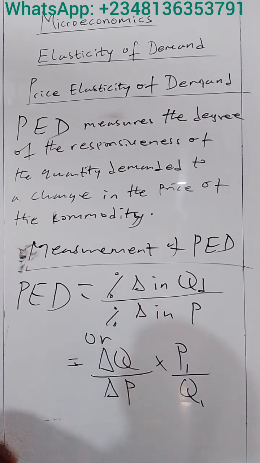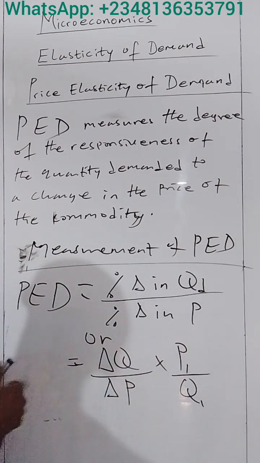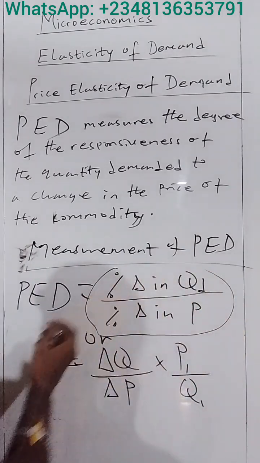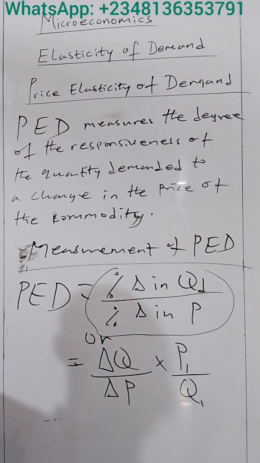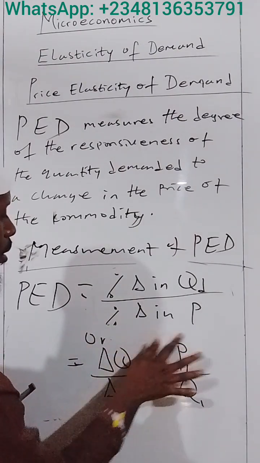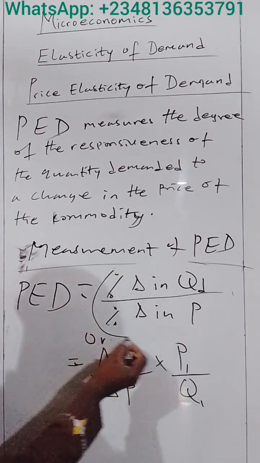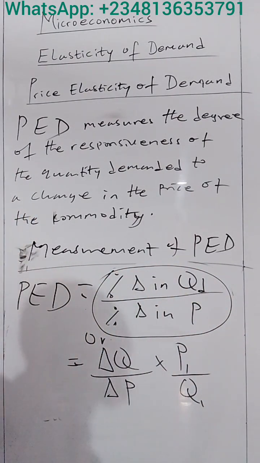Okay. So if you look at this first formula, we can redefine the price elasticity of demand as the ratio of the percentage change in quantity demanded to the percentage change in price of the commodity.